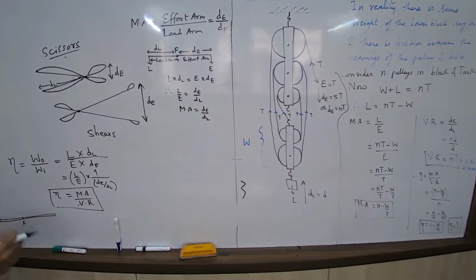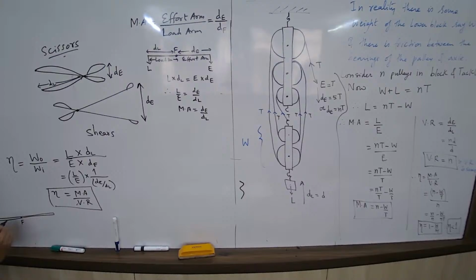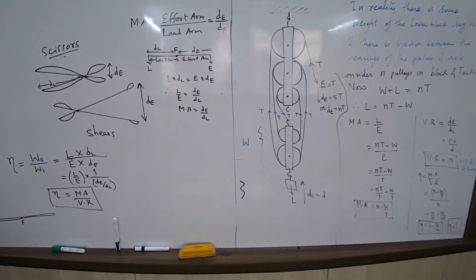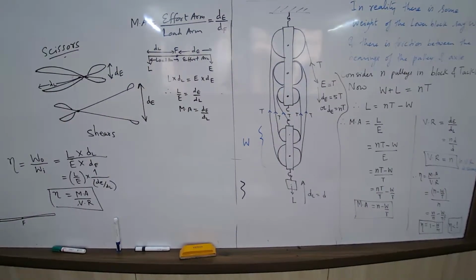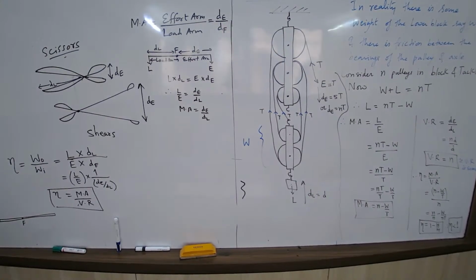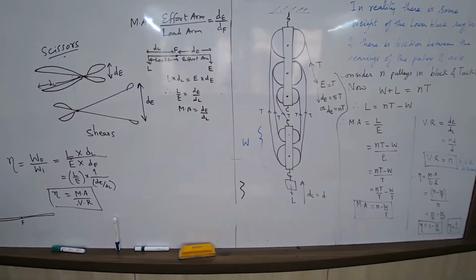Any straight or bent rod which is fixed at a point is called a lever. There are only 2 types of machines that we have learned in this chapter: pulley and lever. Lever is a straight rod, pulley is a round disc with an axis at its center. So this is our lever.